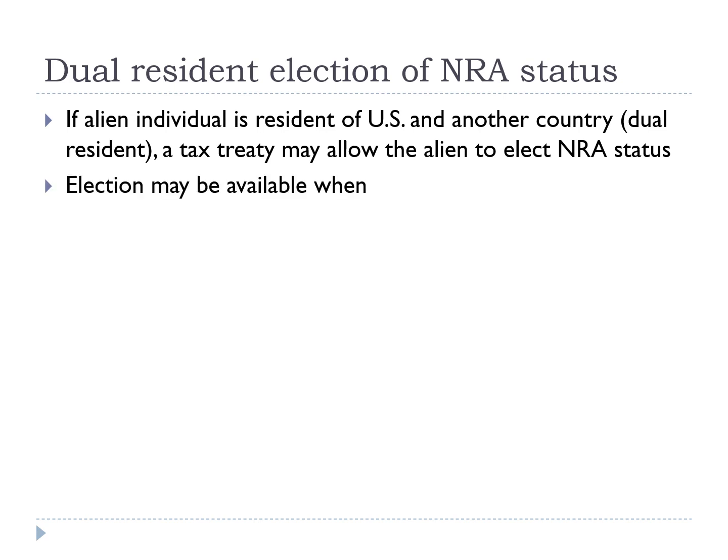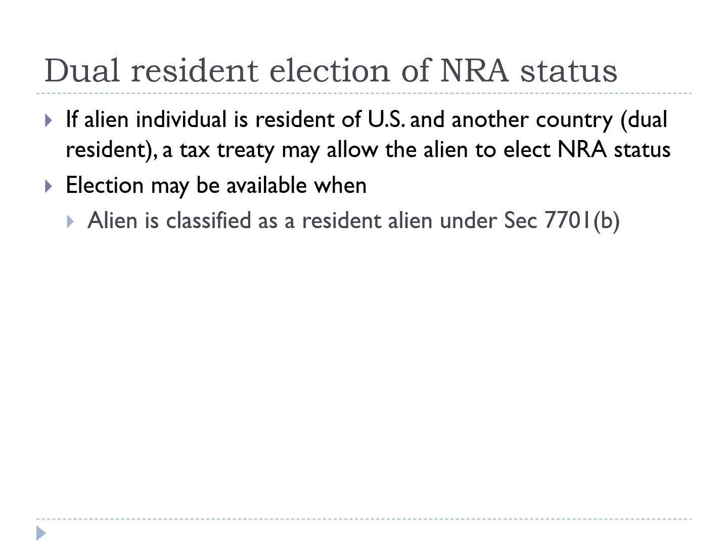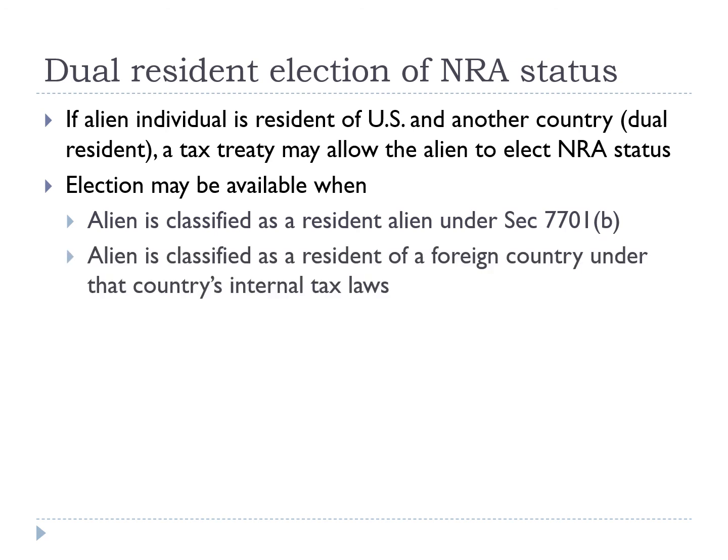This election may be available when an alien is classified as a U.S. resident under Section 7701B, while at the same time being classified as a resident of another country under that country's internal tax laws.